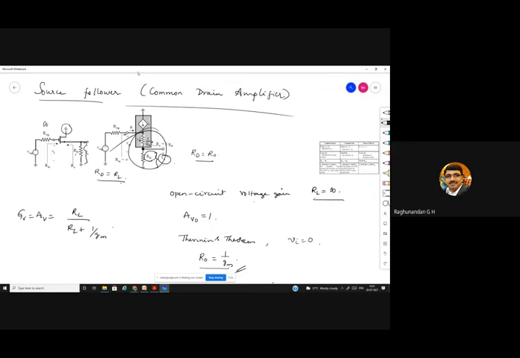As I have already told, this is how we got Av, by taking Vo by Vi. Since the input resistance is infinite because we are giving the signal to the gate terminal, the input voltage Vi will be equal to Vsig, the signal generator voltage. Both will be the same, so the overall voltage gain will be the same as the terminal voltage gain.